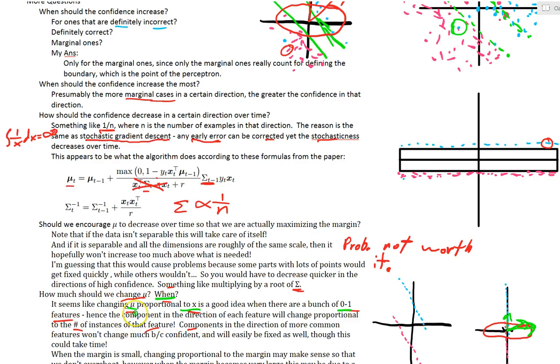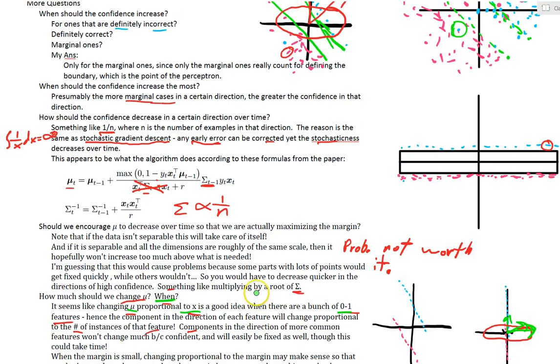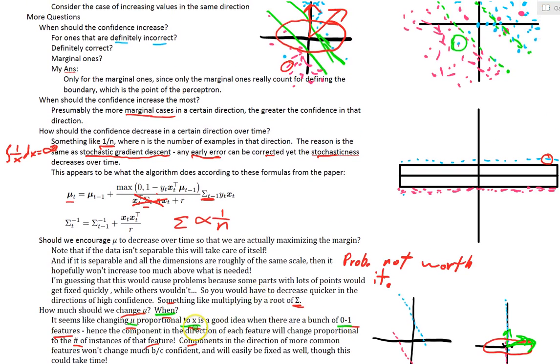So I think in general, if we know something's obviously misclassified, there's not much point in updating mu, but we might as well always update mu, because when we're working in very high dimension, maybe it isn't actually a mislabeled point. Maybe we just need to use some uncommon features to classify it correctly. So I think updates proportional to x make sense.